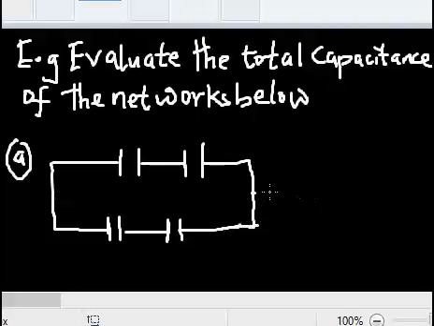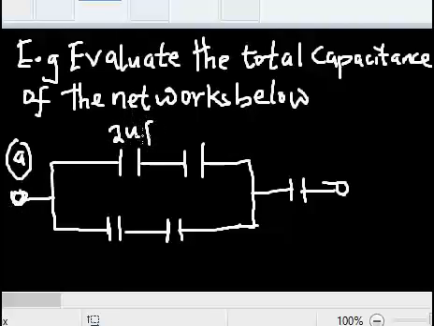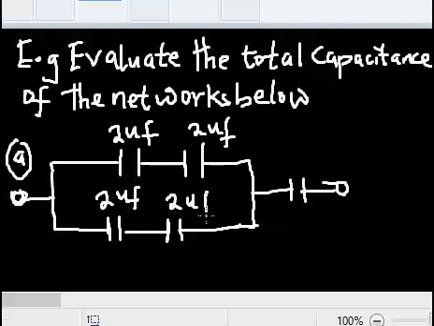So let's say this is 2 microfarad, 2 microfarad, 2 microfarad, 2 microfarad, all right? And let's say this is 1 microfarad.